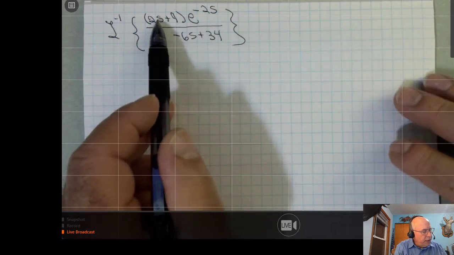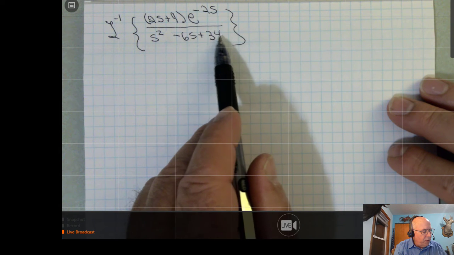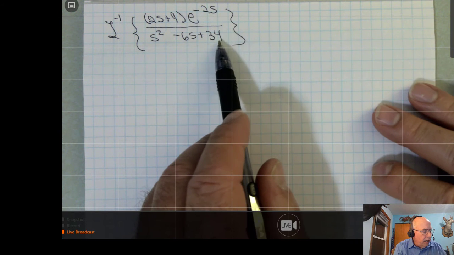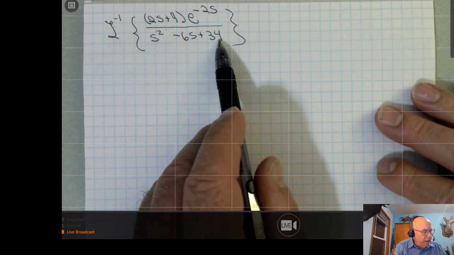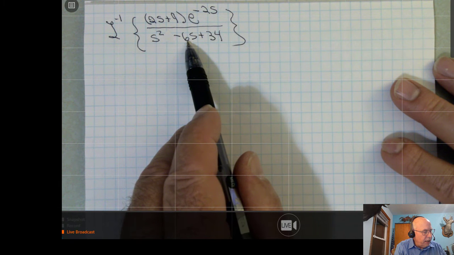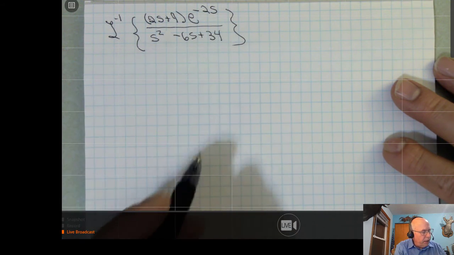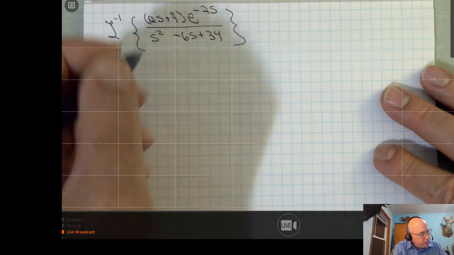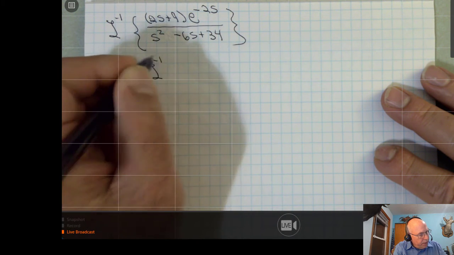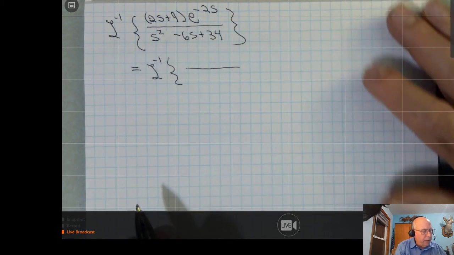When I look at the rest of this, though, I see that the factors of 34 are 2 and 17, 1 and 34, of course, but neither one of those factorizations could give a middle term of minus 6s. Therefore, this one needs to have the square completed, and we'll take that as the first step, and then we will need to clean up the numerator a little bit as well.